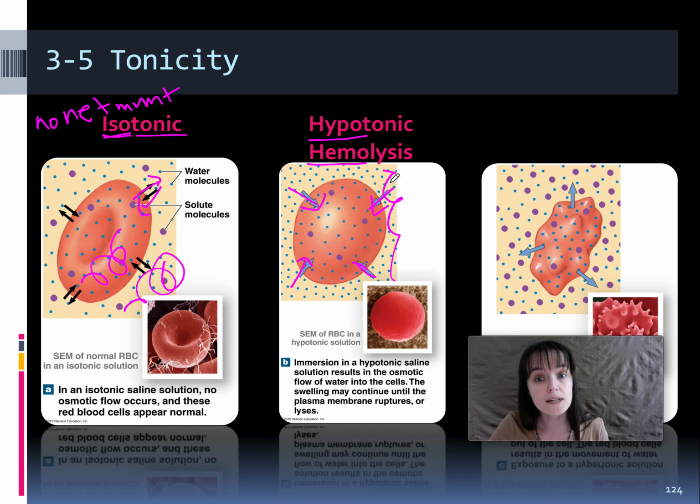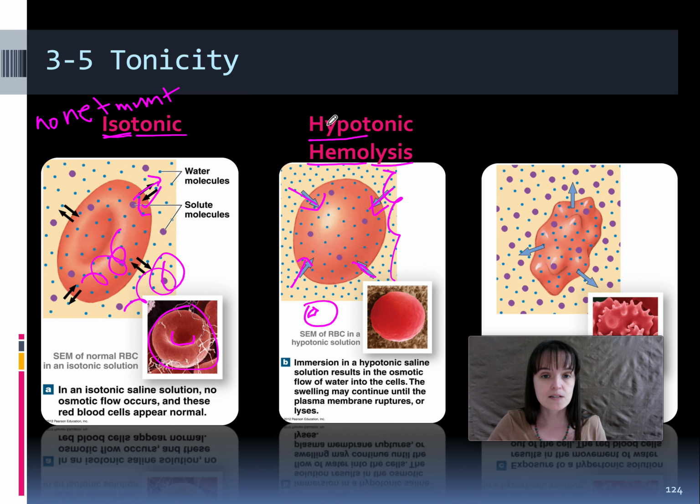Hemo means blood, and lysis, as we know, means a loosening of. And here you see the red blood cell loses its biconcave disc shape and becomes like a balloon, like a water balloon. Literally, a water balloon. And then it can explode if it continues to take on water. So hemolysis is when the red blood cells explode.